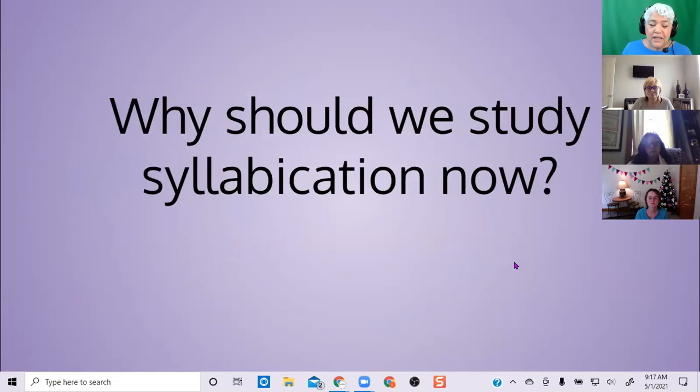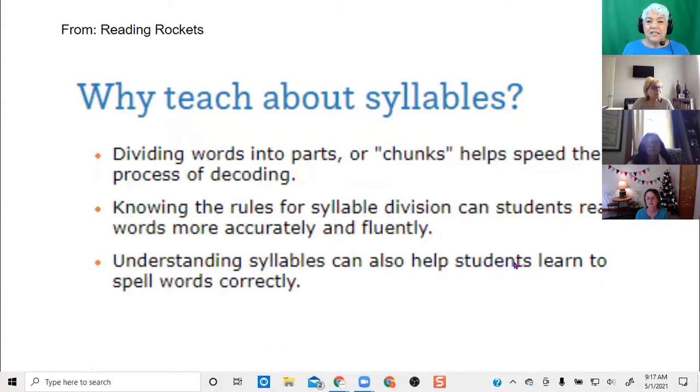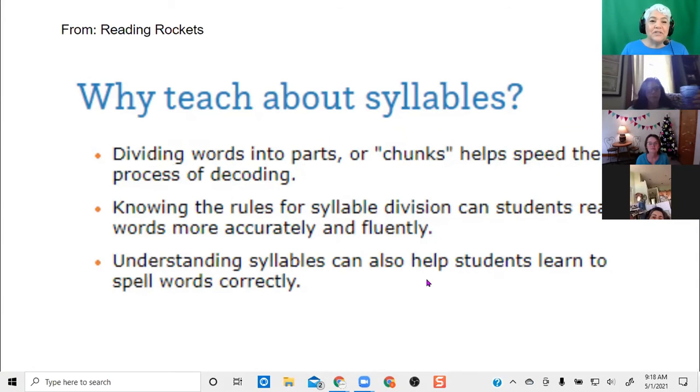So why should we study syllabication now? And I went through many examples and teachings on this in the last one. I'm just going to say that we understand that we want words to be cut into chunks so that our students can attack a word. Most of our students who struggle, when they see a long word, they look at the first letter, they guess, and it's too overwhelming.